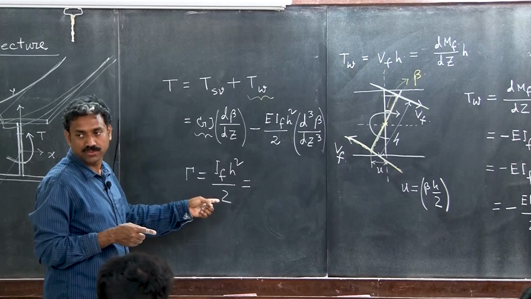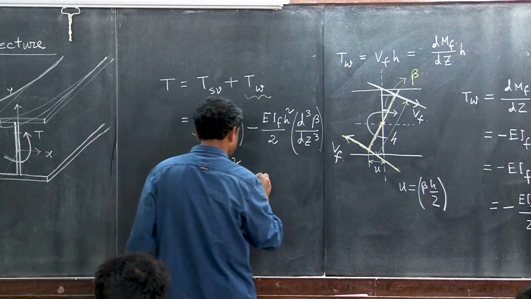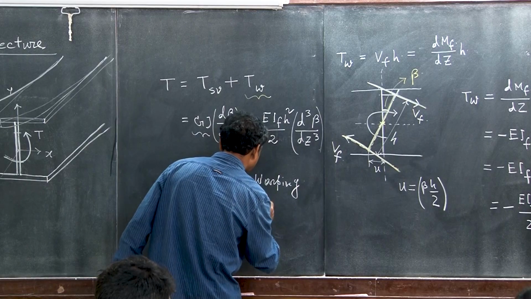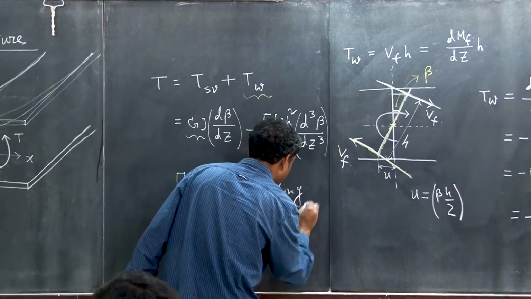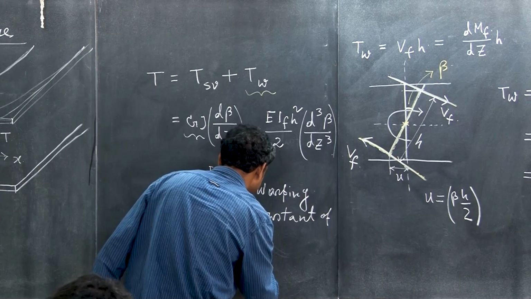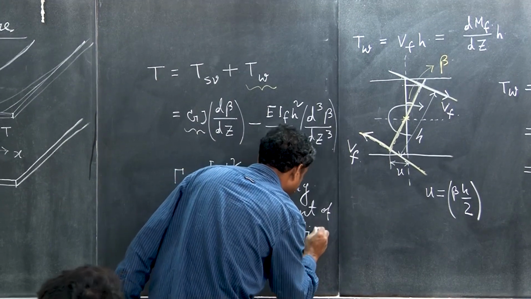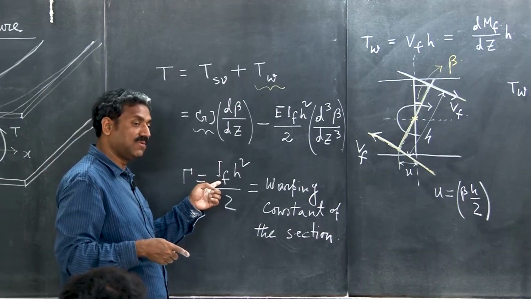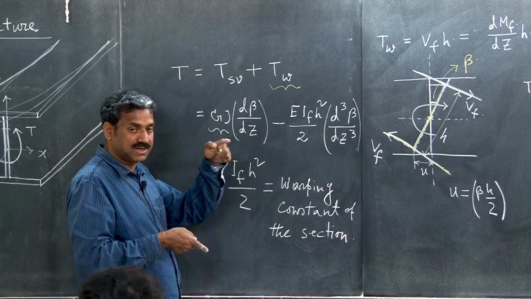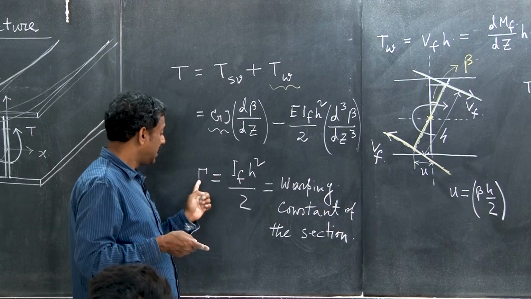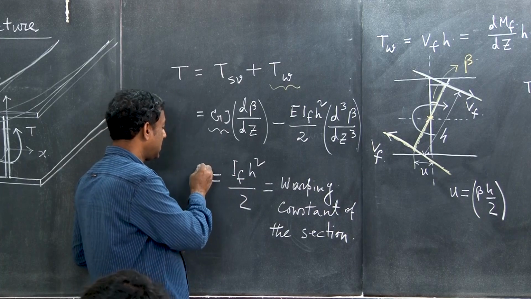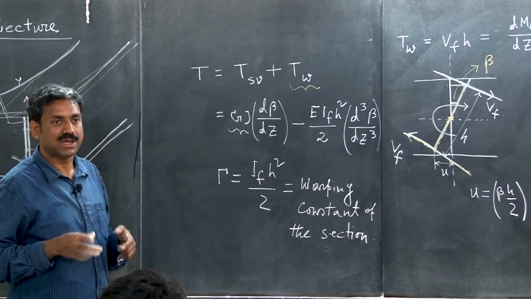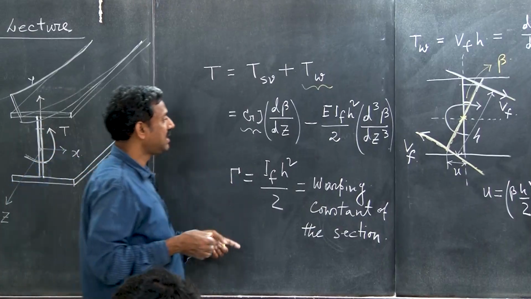Here we can define the warping constant of the section, and it depends on the section. So I_F depends on the flange dimension. h is nothing but the depth of the web. I_F h²/2 is a constant for the cross section. It's just like moment of area, of course higher dimension, fourth order, right.